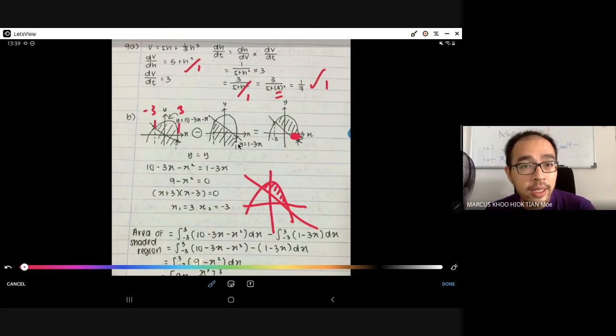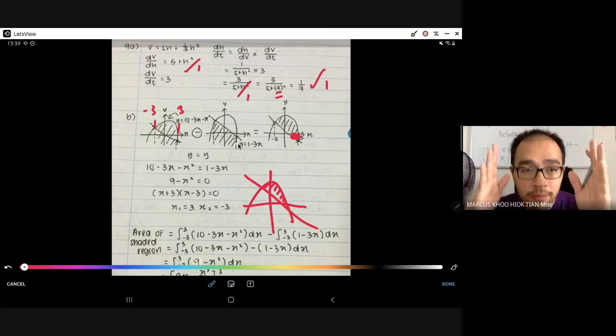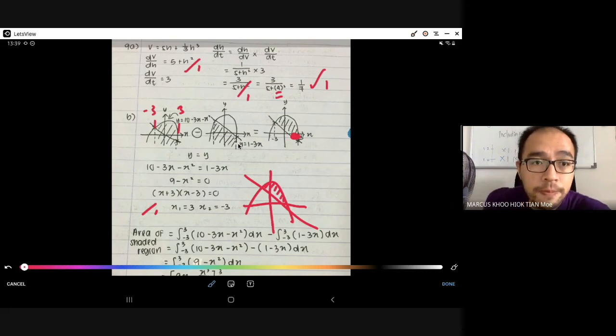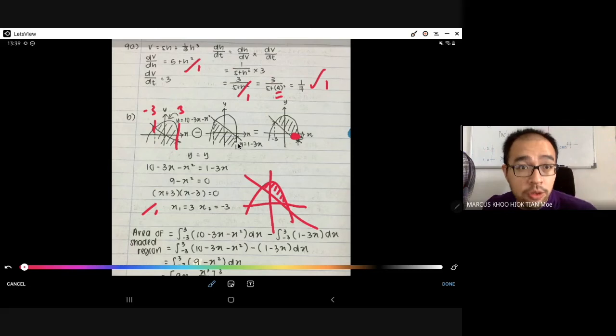So I like the way this group approaches it. Okay, the most important thing obviously is finding the point of intersection. This is a must. Otherwise, you don't know where you want to integrate to. And I think the saving grace for this group is that the points of intersection are also the boundaries for whichever side that you want to count.